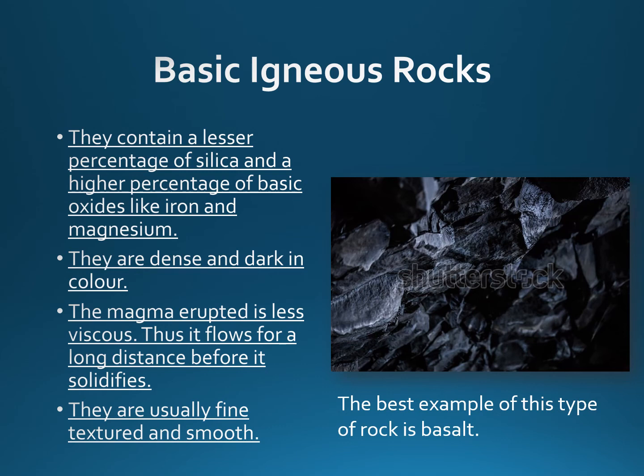The magma erupted is less viscous, thus it flows for a long distance before it solidifies. They are usually fine textured and smooth. The best example of this type of rock is basalt.